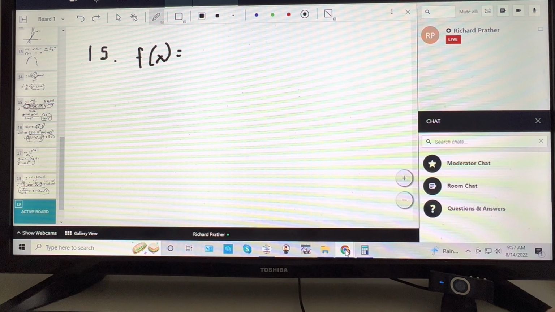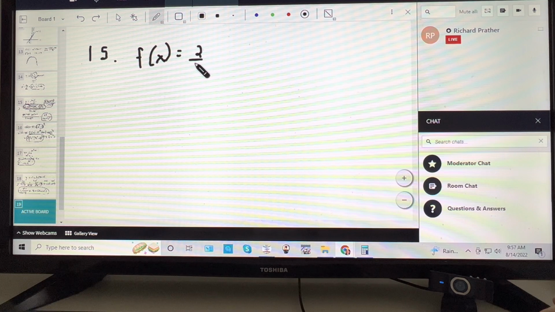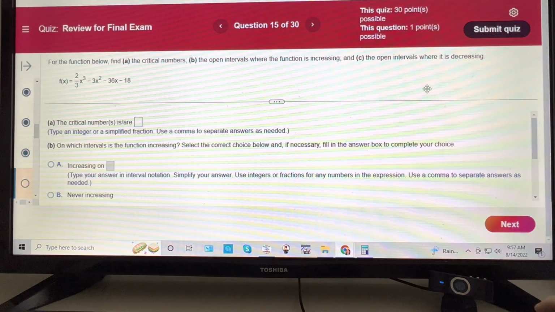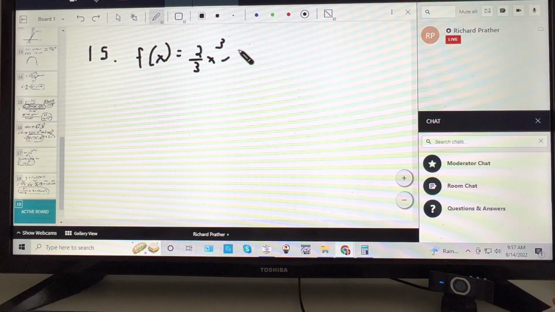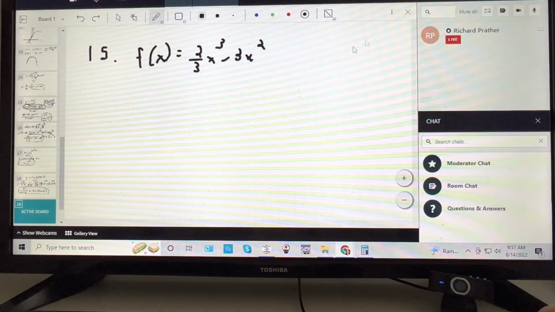So our original function is 2/3 x cubed minus 3x squared minus 36x minus 18.